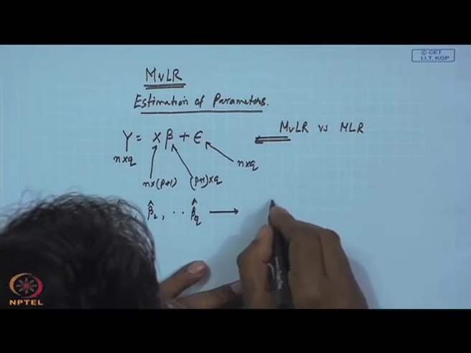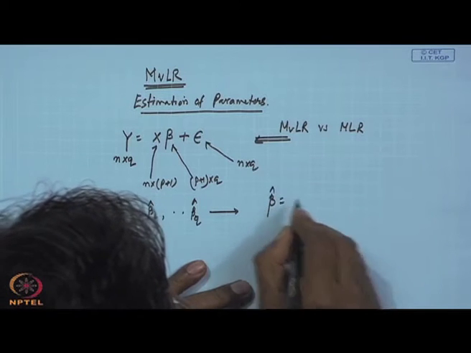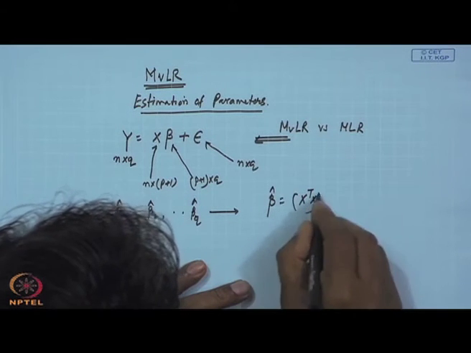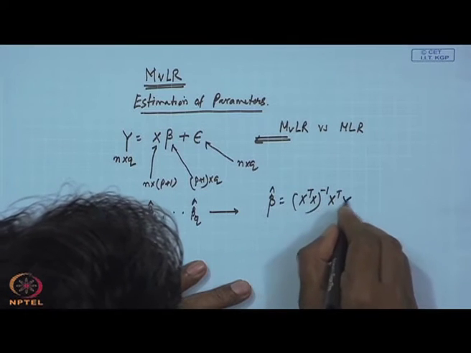The formulation remains the same. Beta cap is x transpose x inverse x transpose y.